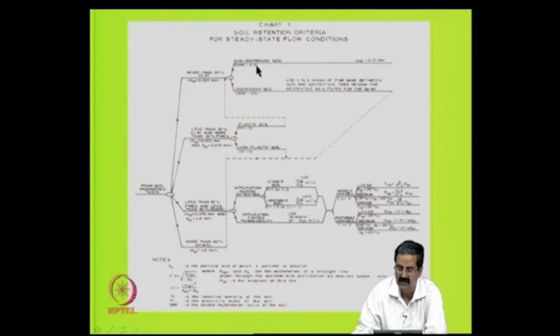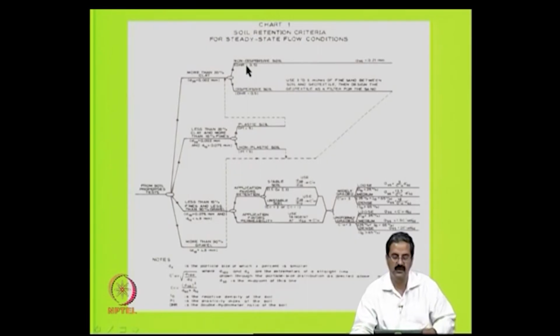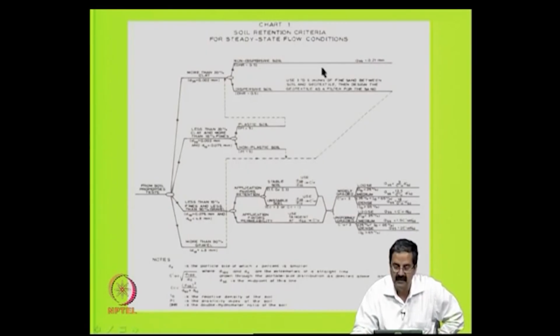There is a test for it, called the double hydrometer test, and based on the test you get some result. If it is less than or equal to 0.5, then you have to provide an apparent opening size of less than 0.21 mm.